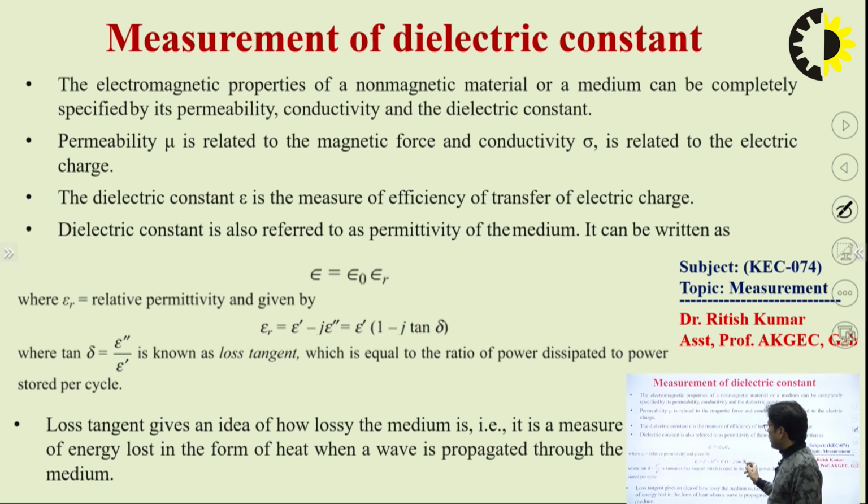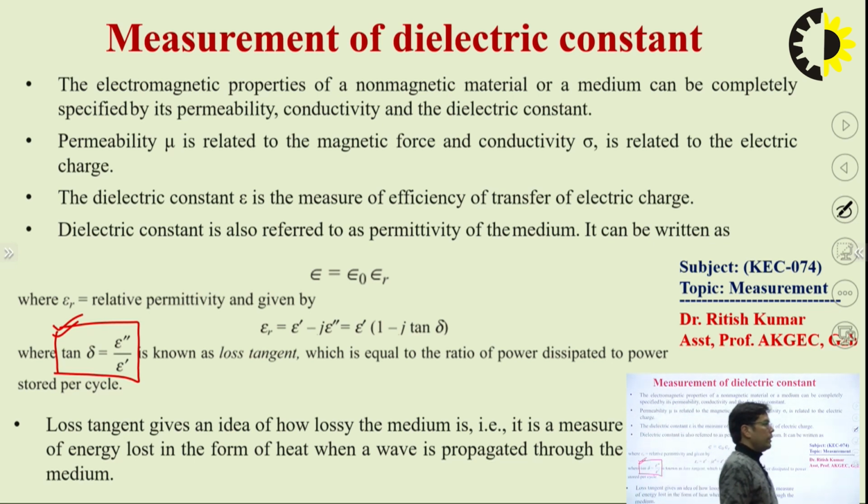And here you can see the tan delta. Tan delta is the loss tangent, as we already read in the subject of electromagnetics, EMFT, that is electromagnetic field theory. We can define the loss tangent as the ratio of the imaginary part of the relative permittivity to the real part of the relative permittivity.